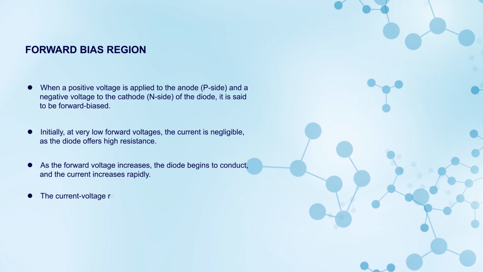The current-voltage relationship is approximately exponential, governed by the Shockley diode equation. This equation we will discuss in the coming lectures. Here we just have to understand that in the forward biased region, the characteristic obtained is of an exponential nature. When the current starts flowing in the forward direction, it rises exponentially.